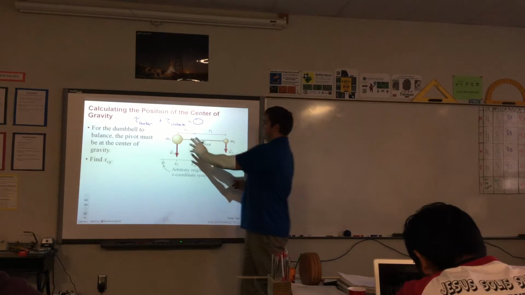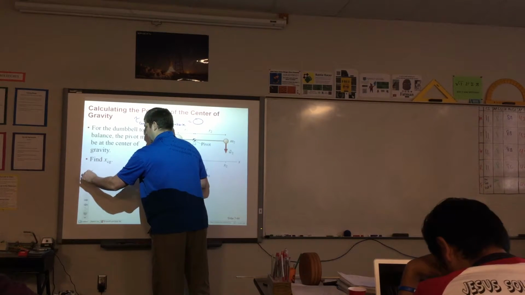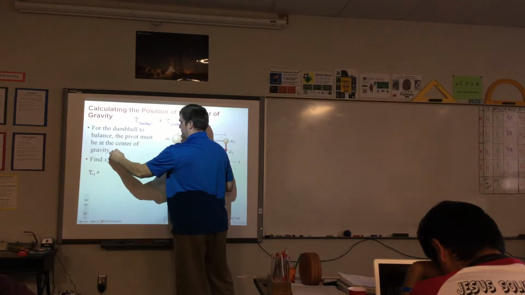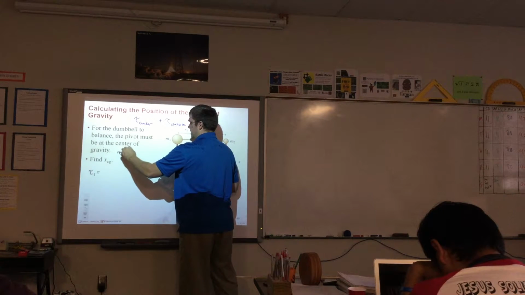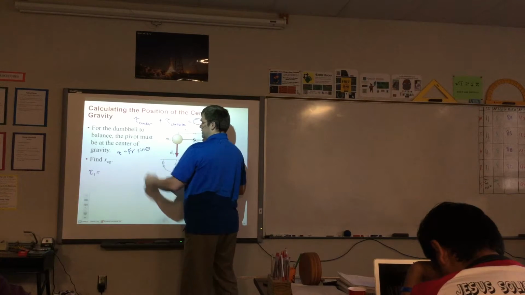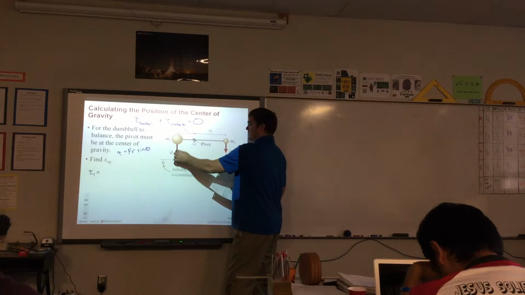First, we're going to find the torque caused by mass 1. We'll call that torque 1. If you remember, the formula is F R sine theta, the order doesn't matter, where theta is the angle between the force and the radial arm.